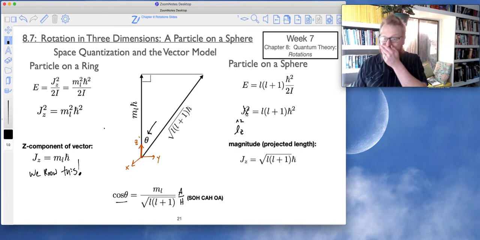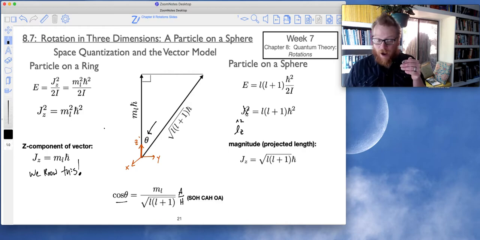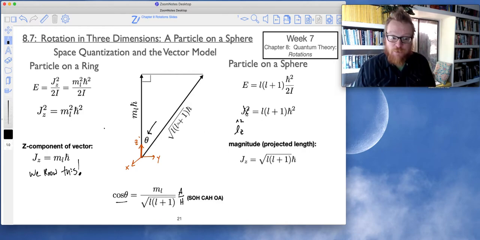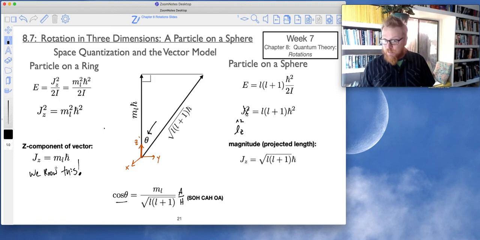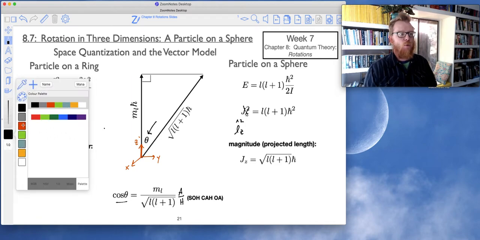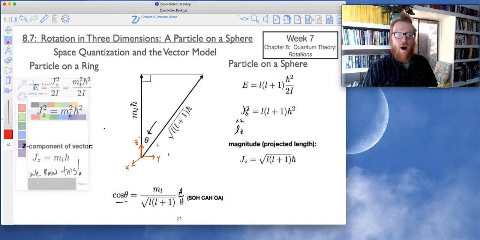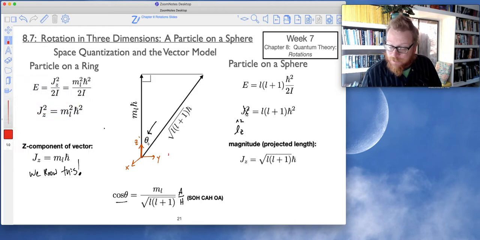So what this means now is we can specify the projected length, the z component of the vector, with no uncertainty whatsoever. And what we get out of this theta is we learn what that angle is.